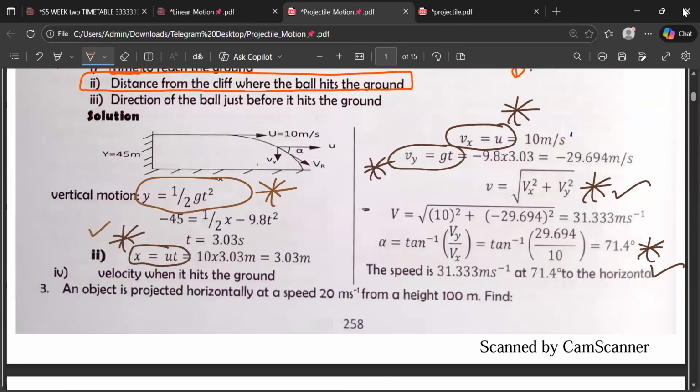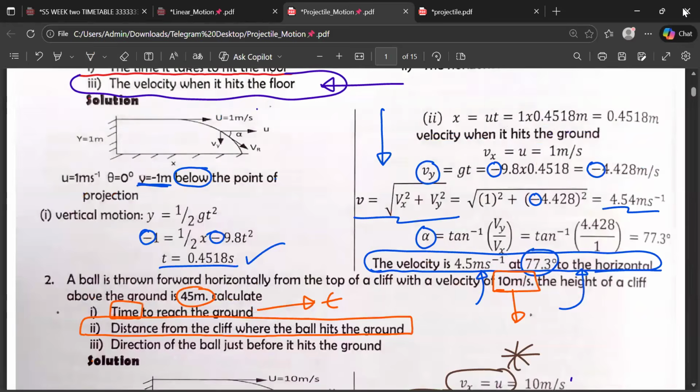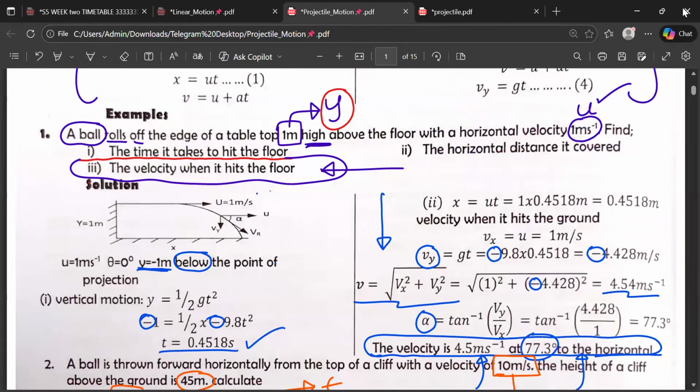Just one number and whatever we derived has been used. And this example is just the same as this one. So it's like we've done it all. You can see this one is the fourth. This one is, I think, the third. This one is the first. This one is the second. Then these two of alpha and resultant.